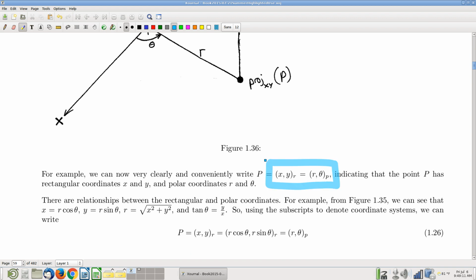If the rectangular coordinates are x comma y, put a little subscript r after x comma y, indicating r for rectangular. And likewise, a little p subscript if you're describing the polar coordinates, r comma theta. It removes possible misinterpretations.